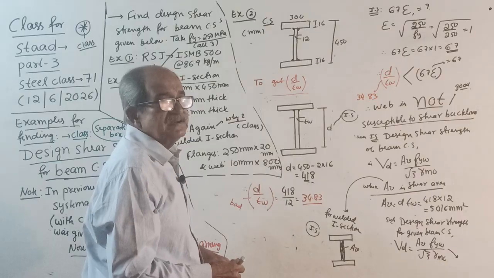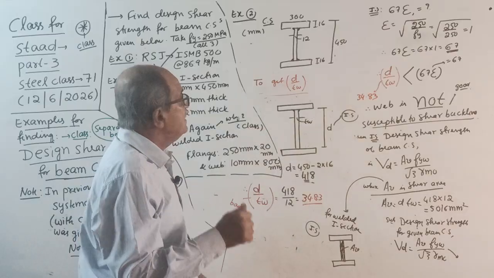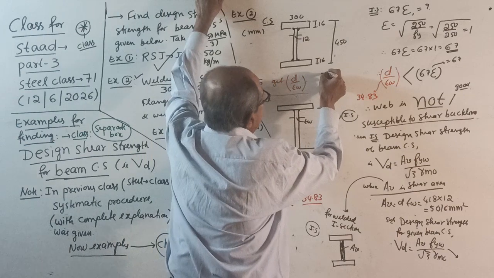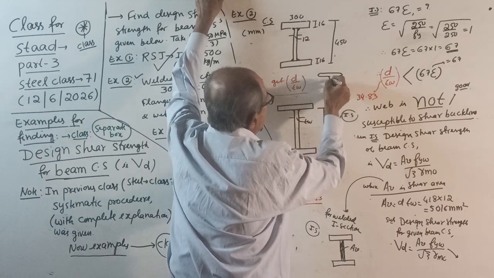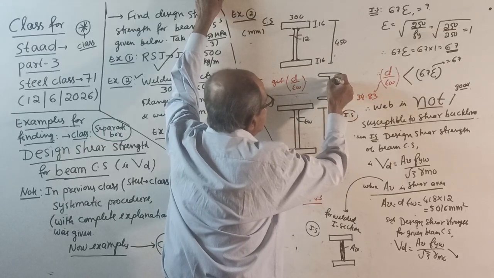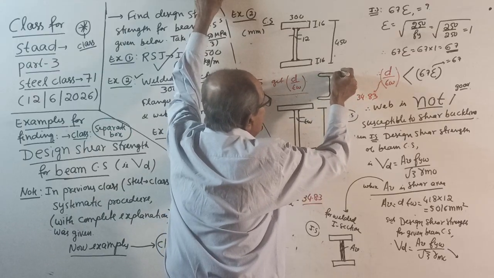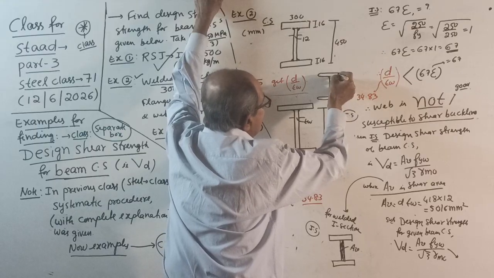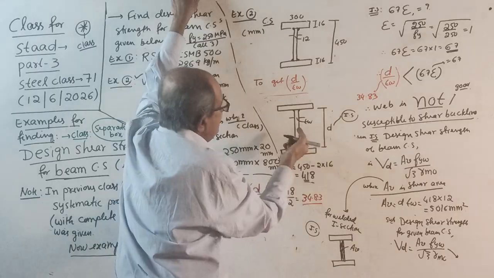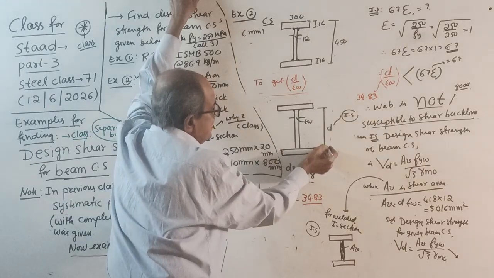Okay, here, first, as usual, find d by tw. What is d? See, in RSJ, from the overall depth, subtract the flange thickness, subtract R1 two times. But in a welded I section, there is no change of thickness. The depth of web is d.